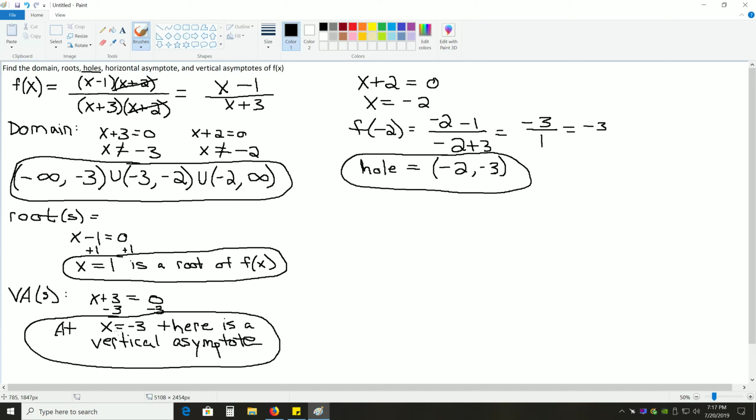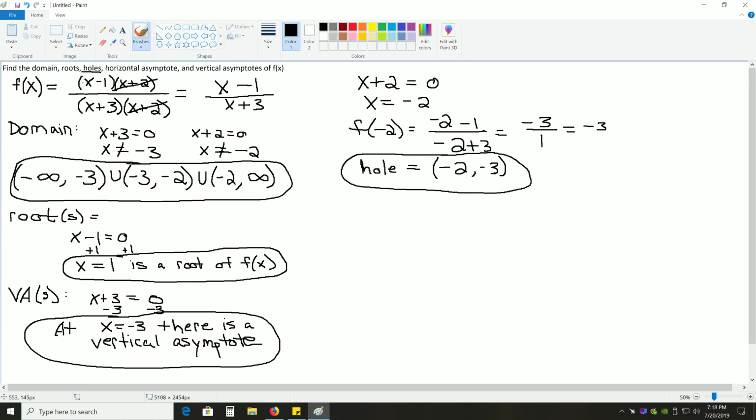The last thing that we have to do is find the horizontal asymptote. And we have a general rule for going about this. There are 3 cases that can happen. The first case is that the exponent of your denominator is larger than the exponent of the numerator.